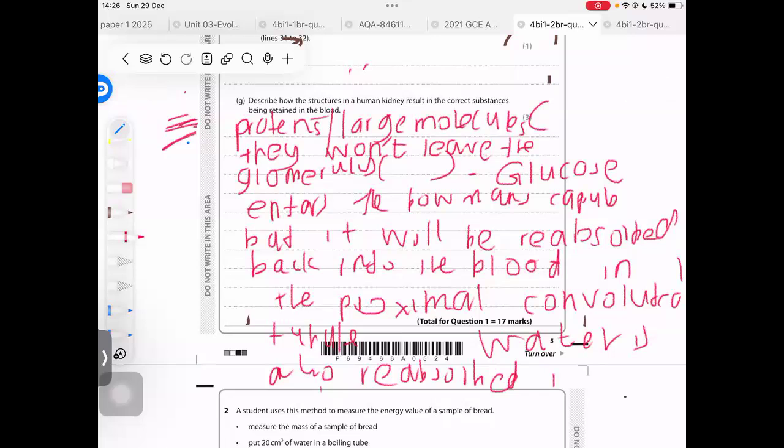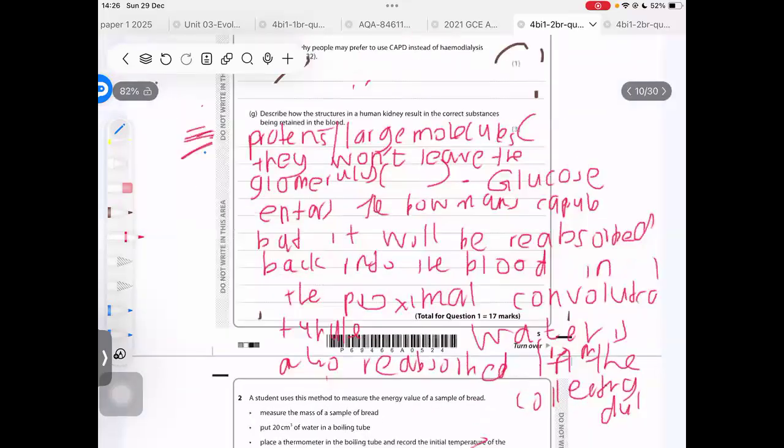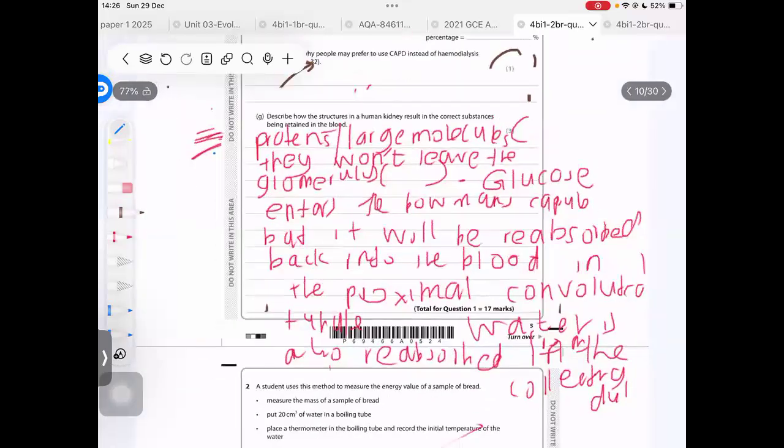What is also reabsorbed, where? The location is from the collecting duct. So these are the sentences which get the points. You can see proteins, large molecules won't leave the glomerulus. You get 1 point for writing that. Glucose enters the Bowman's capsule, no points for that.